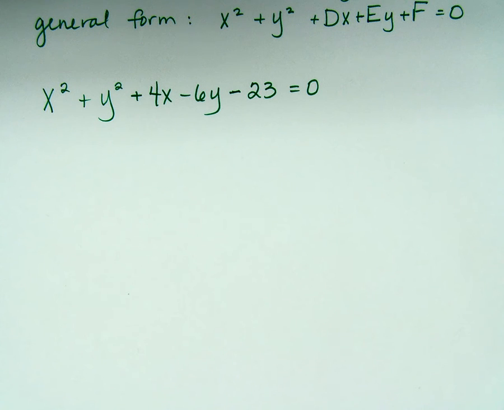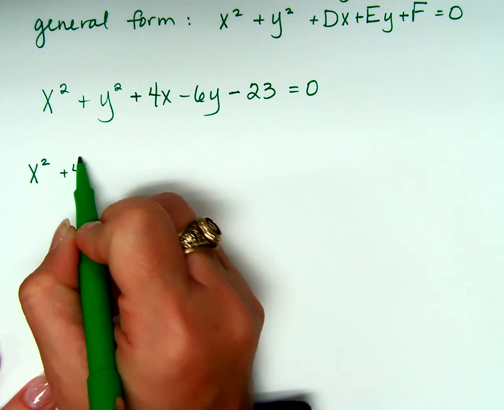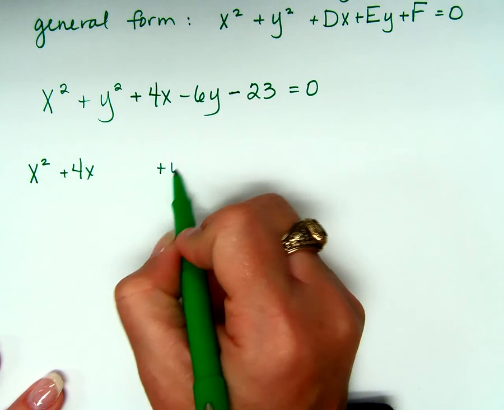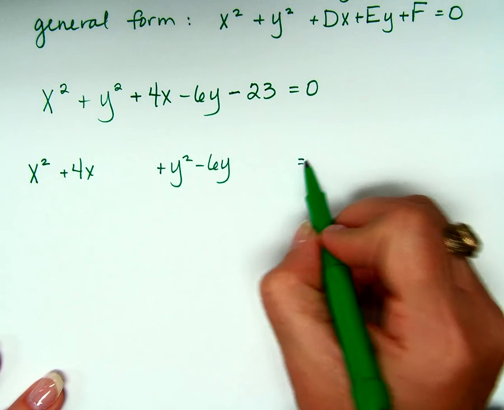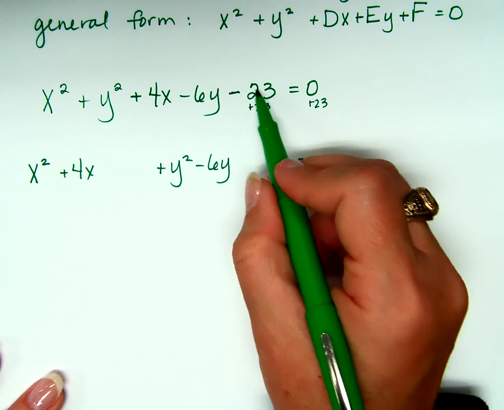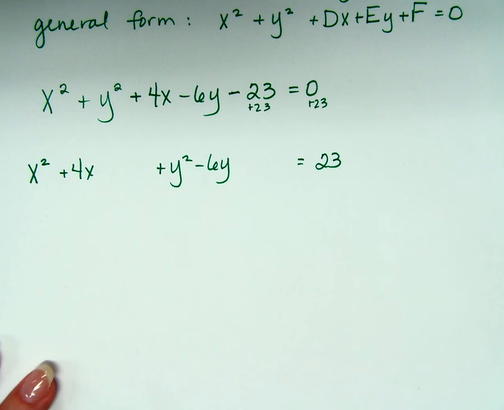First thing we want to do is rewrite this equation. I want to group all my like terms together. So I want to write my x squared with my x, and leave myself some space. And then I want my y squared with my y, leave myself some space, and then I want to go ahead and add 23 to both sides. Or whatever number is right there, add it or subtract it, whatever the constant is, get it away to the other side.